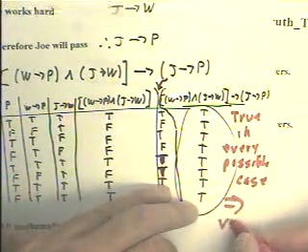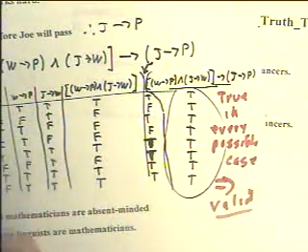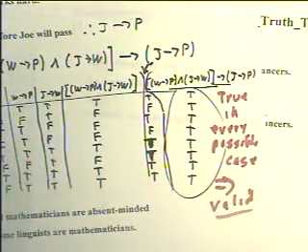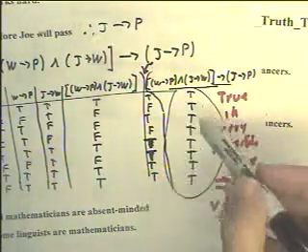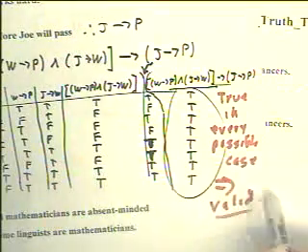So the argument must be considered valid. And this is our test. If we have one false here, there's a case where the argument doesn't hold, then the argument is not valid.